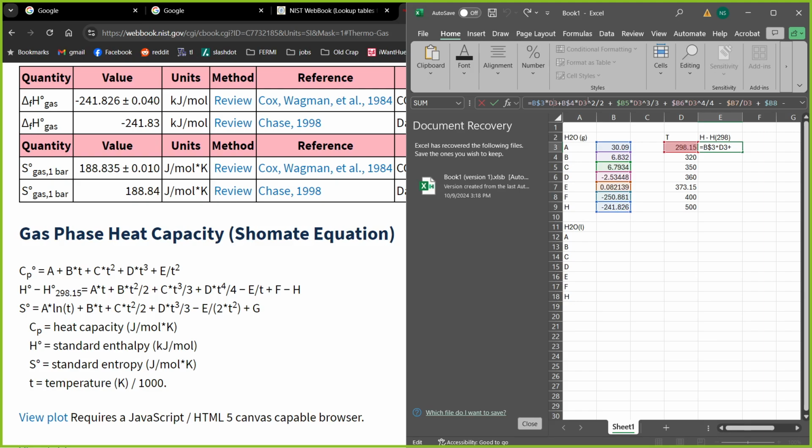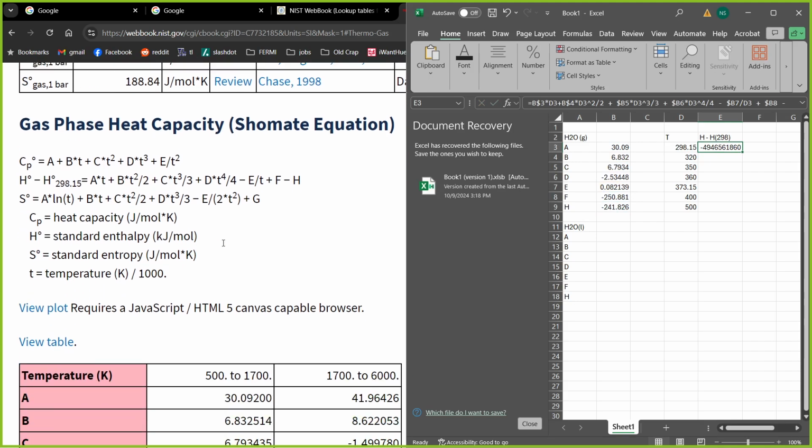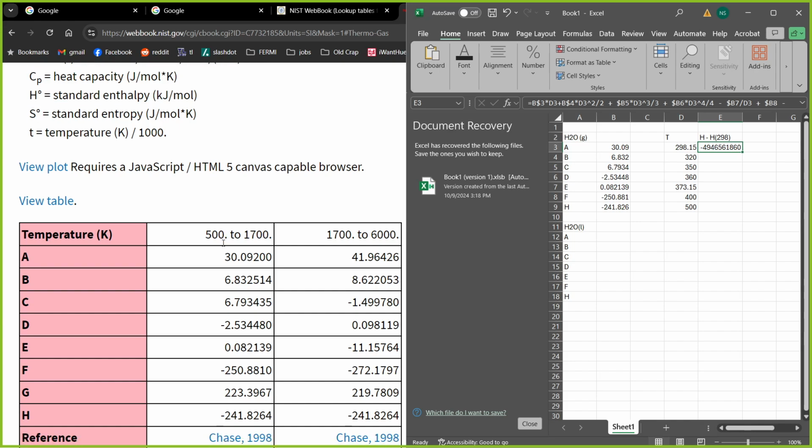Last class, B3, B4, B5 squared, D, minus B7 plus B8 minus B9. What am I doing wrong here? Did I write the numbers down wrong?